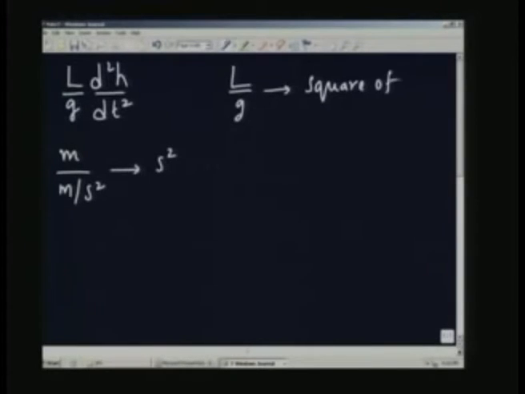L has units of meter, G has units of meter per second squared, so this has units of second squared. So, L by G is the square of a characteristic time.